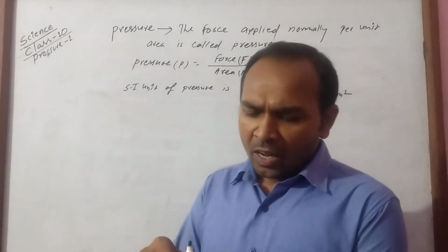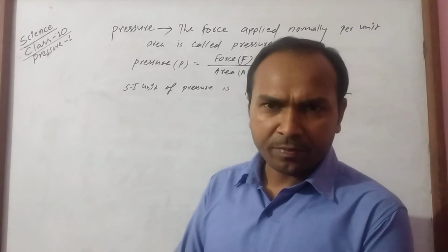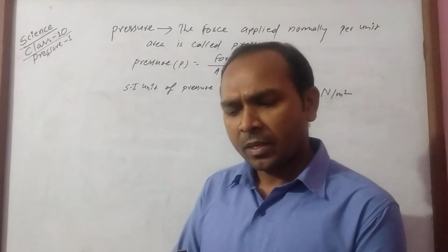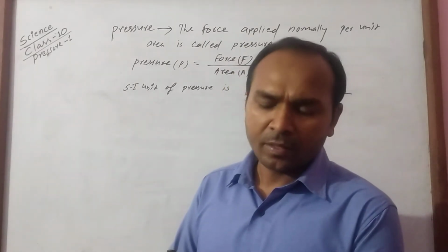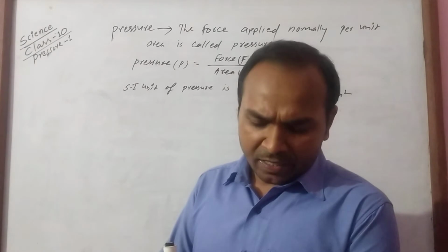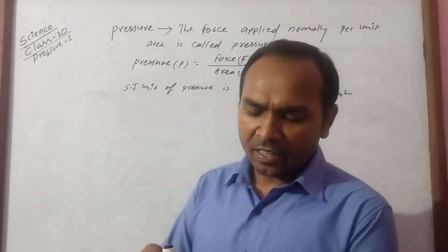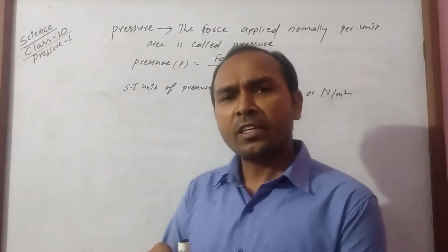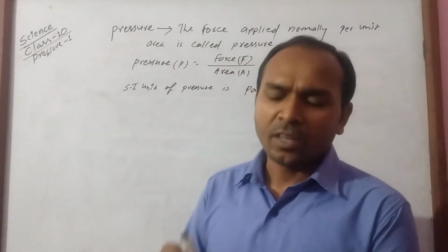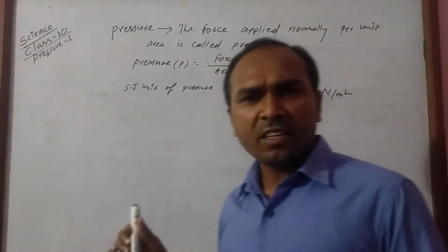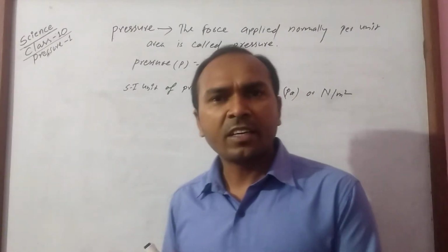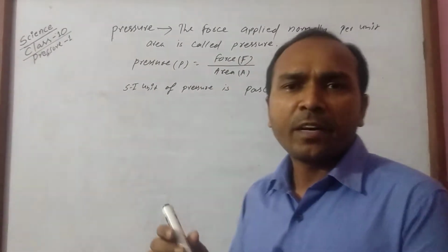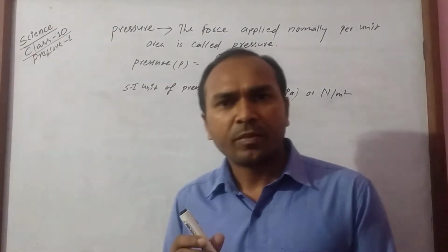In another condition, when we keep it in this way, the weight or force exerted by the marker is the same, but the area becomes different. Now the area of the marker is lesser than the previous, and so in the second condition the pressure exerted by the marker is more than that of the first. Why? Because force is constant but area differs. In the second condition area is less, and so the pressure applied by the marker is more.